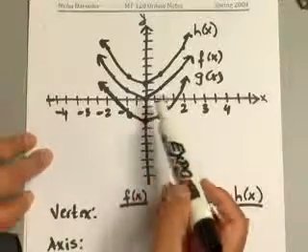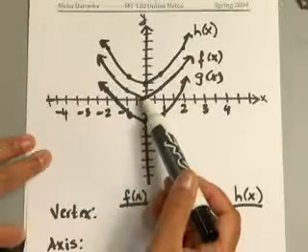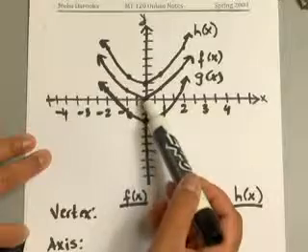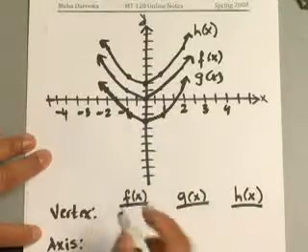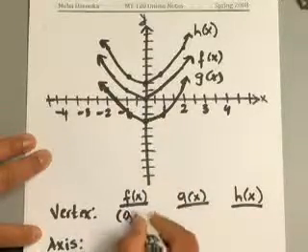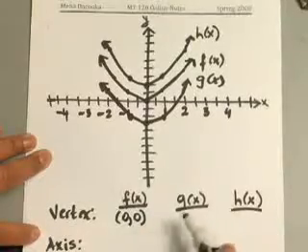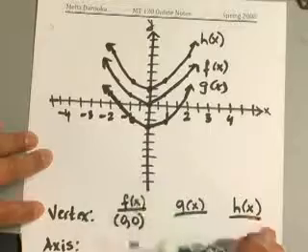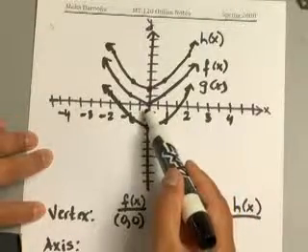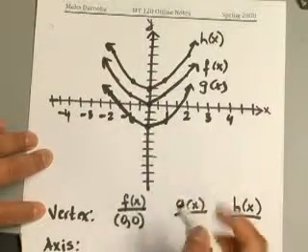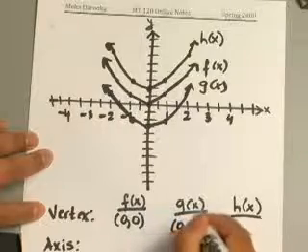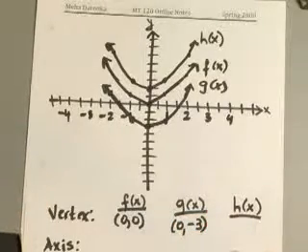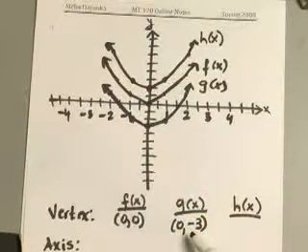Again, remember, vertex is the lowest point on the graph. So for your f of x function, which is in the middle, your vertex is at the origin. That's the point 0, 0. Your g of x function is the one below our f of x. And you can see that you have gone down to 0, -3, because that's what your k value was. It was -3.